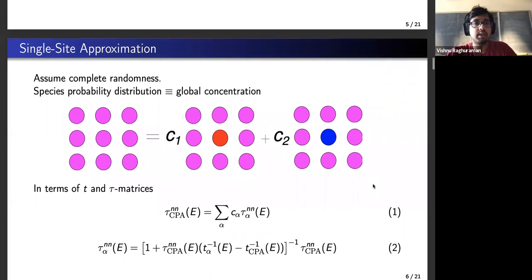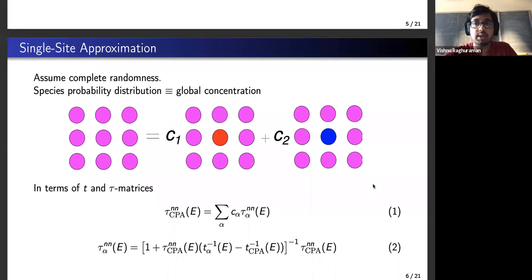Now, obviously, the drawback of this is that you are missing out on short range order. There are other methods right now, like the non-local CPA or the cluster average CPA, or the embedded cluster method, which can take care of short range order in the alloy. But for now, we're only in the single site regime.